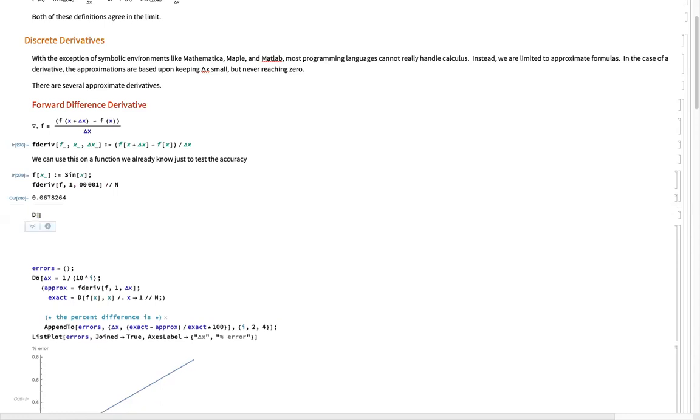D on f of x evaluated at x with respect to x. So we're going to take the derivative of the function at x and then replace x with 1 after the fact. Let's see what we get numerically.